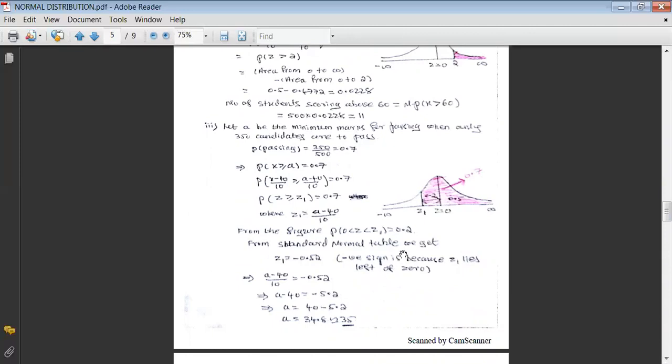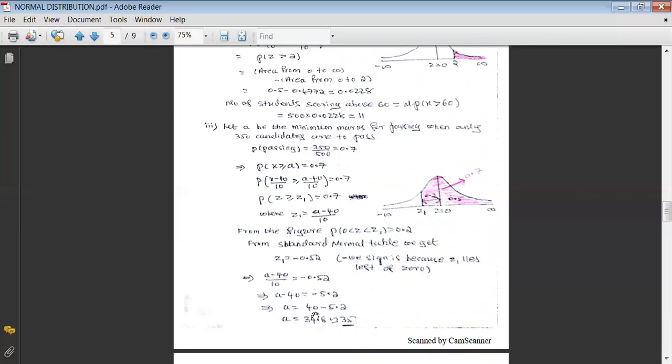Now see why we have taken a negative sign. As it is evident that z1 lies left of 0, you have to take z1 as negative. Therefore z1 becomes minus 0.52, and z1 is (A minus 40) by 10, so (A minus 40) by 10 equals minus 0.52. By cross multiplying, A minus 40 equals minus 5.2.